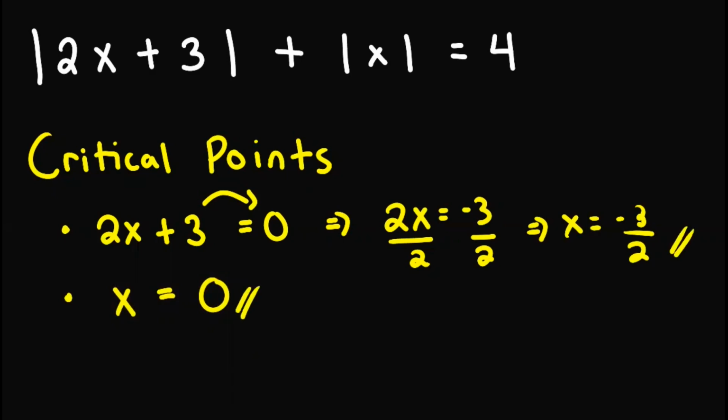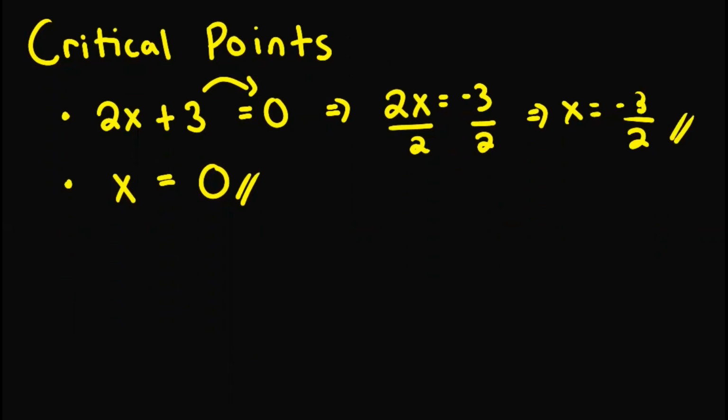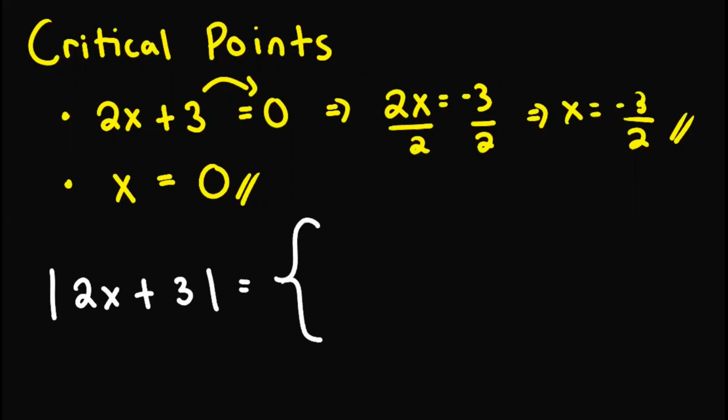Now, what do these two values of x mean or signify? Well, if we move over here, let's first focus on the absolute value of 2x plus 3. Note that the absolute value of 2x plus 3 can be equal to 3 versions.